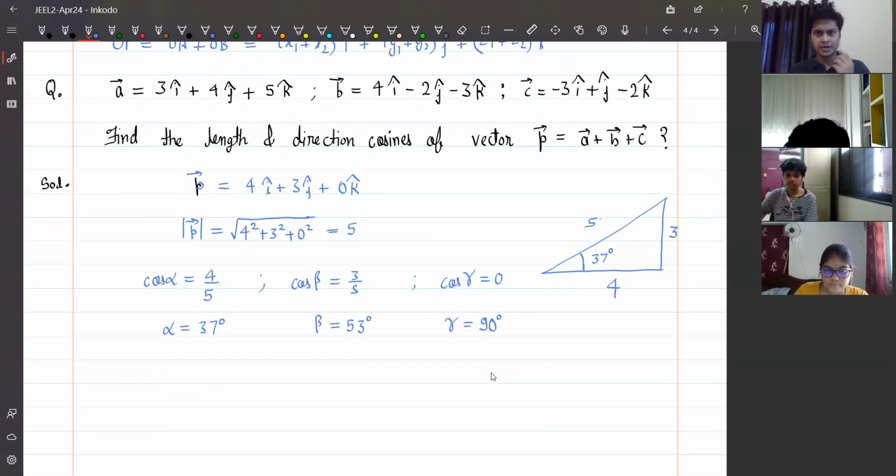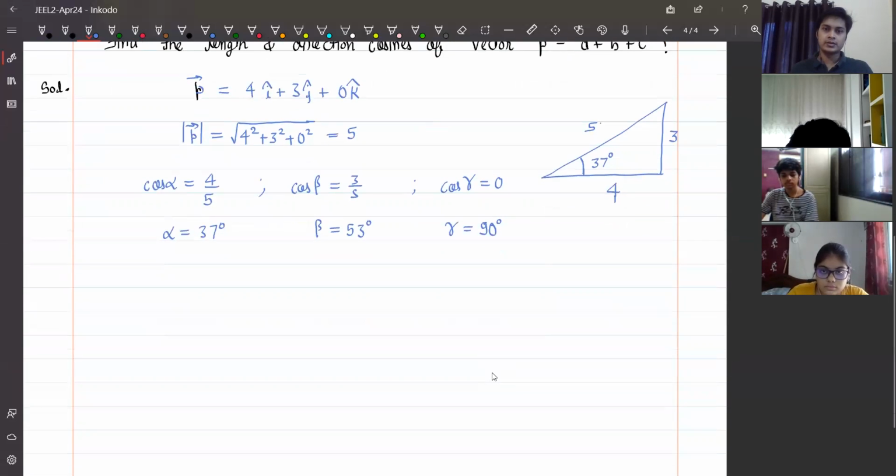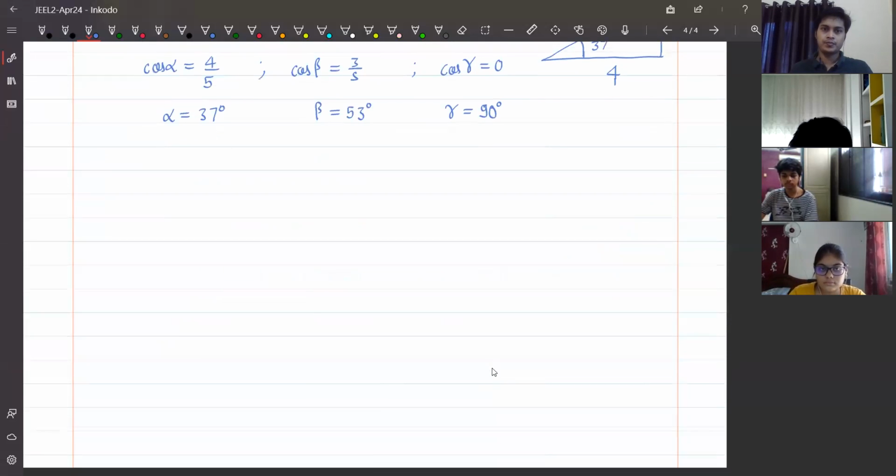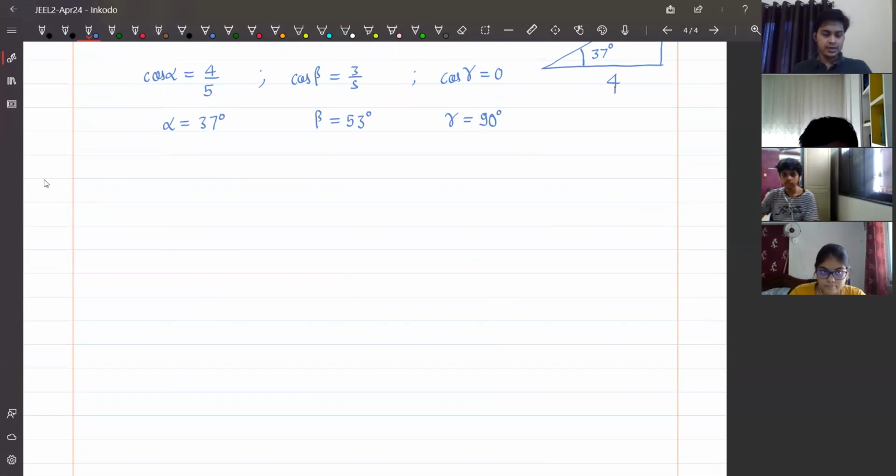So this is how we work in 3 dimensions in adding up 2 vectors. And coming to the next part, suppose you have to find the angle between 2 vectors.